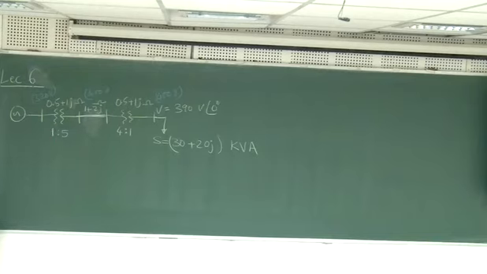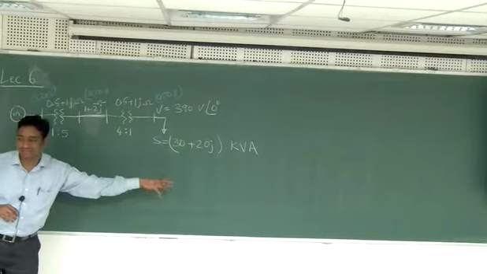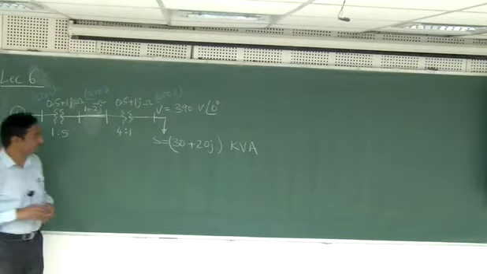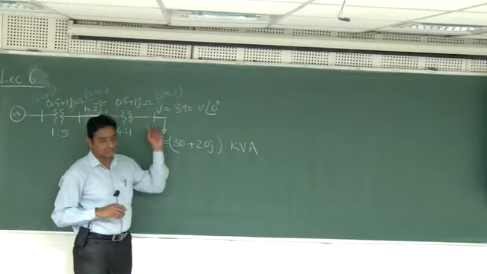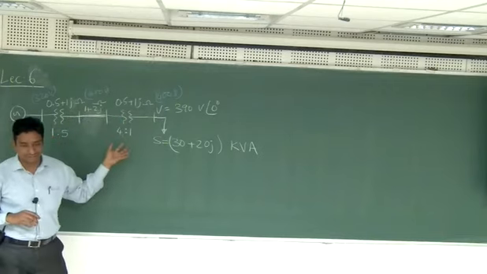If you don't use the per unit system, then you are dealing with all these ohms and ratios and kilowatts and kVArs. First you divide these two, you get the current in amperes. Then you multiply the ohms by that current, you get some voltage drop.